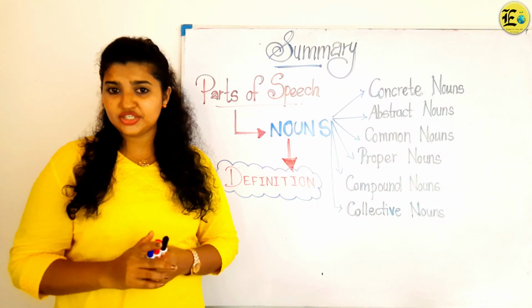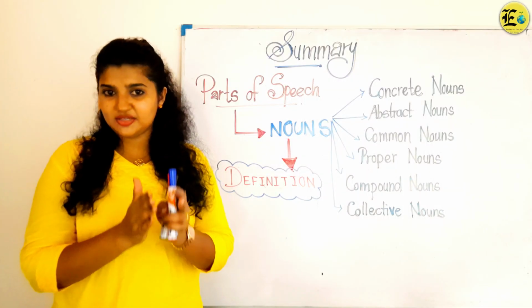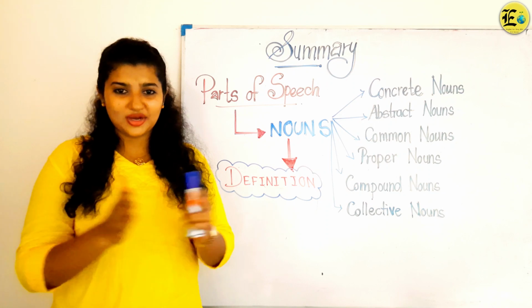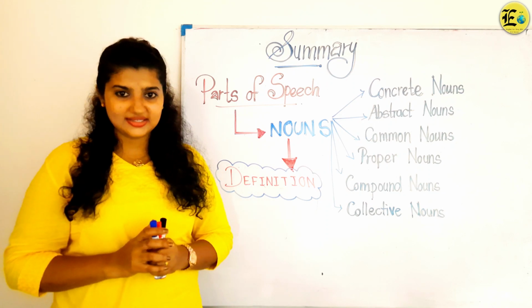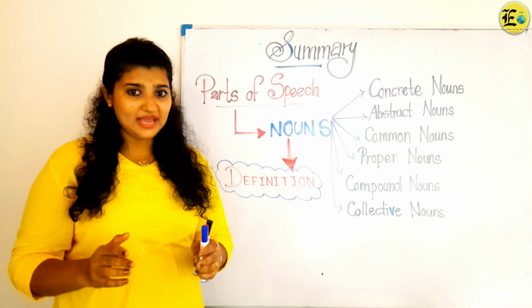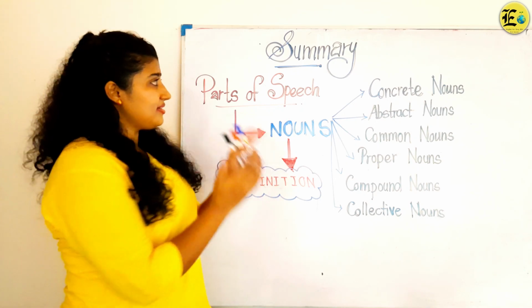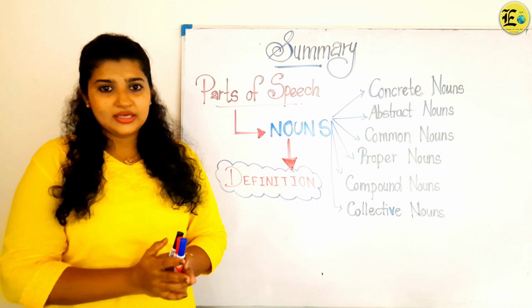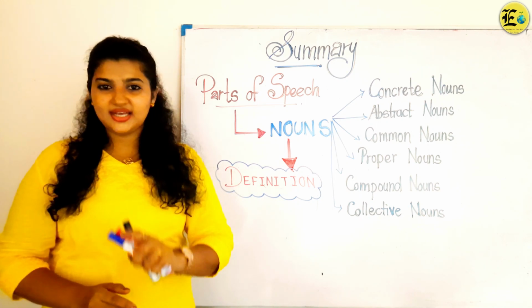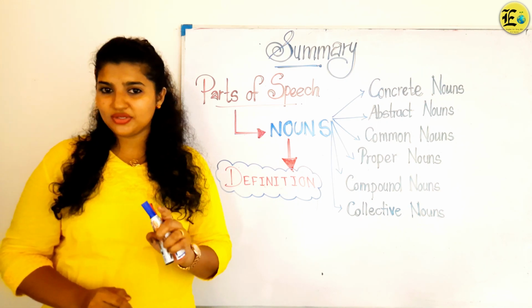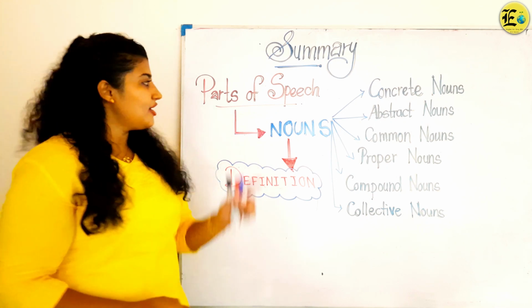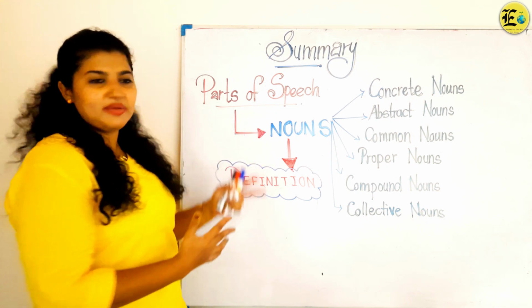Now we've reached the end of the first part of our second series of lessons, in which we came up with the major topic of grammar. Now here we're discussing the summary. So we said, when starting to learn grammar, the most important basic stage is to start with the parts of speech.